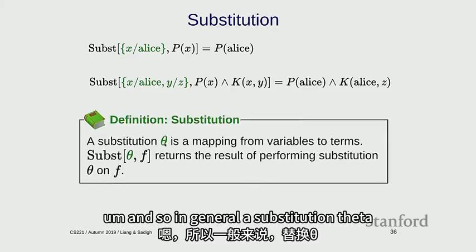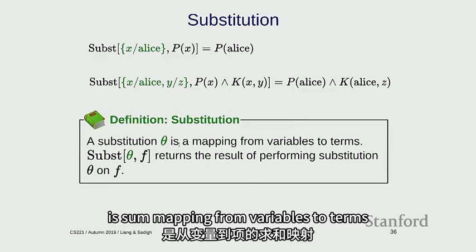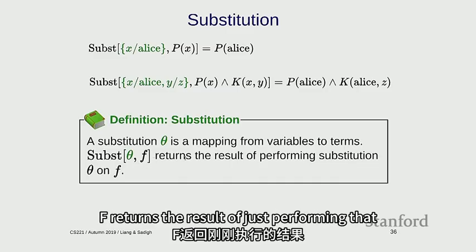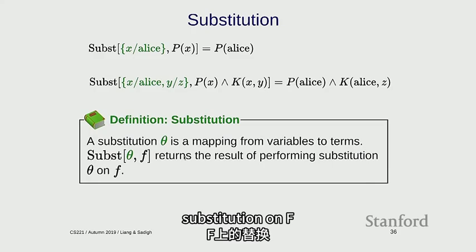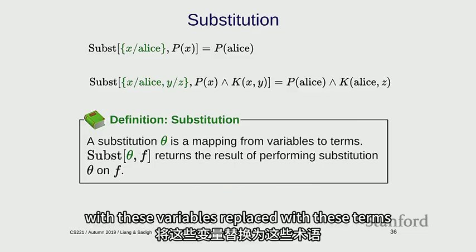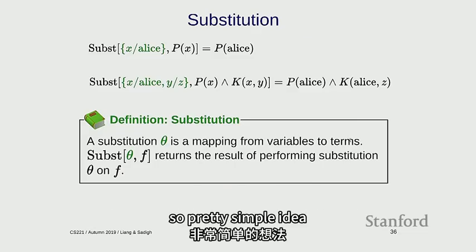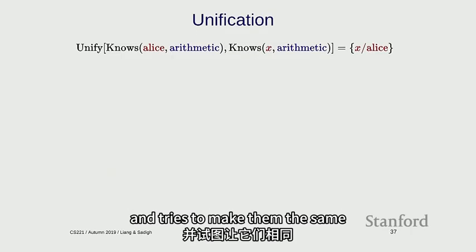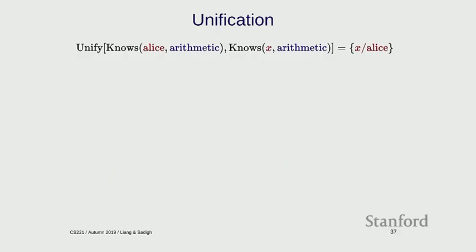And so in general, a substitution theta is some mapping from variables to terms. And substitution theta of f returns the result of just performing that substitution on f. So it generates another formula with these variables replaced with these terms. So pretty simple idea. Okay, unification takes two formulas and tries to make them the same.